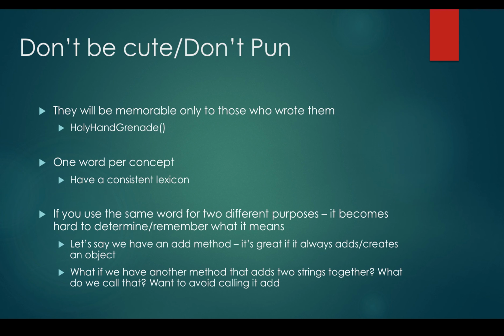Maybe that's not the purpose of what we're working on. Either way, it's going to add more time because we have to understand it. And so, if we have an add method, it's great that it always adds. But what if we have another method that adds two strings together? Do we call that add as well? We need to be consistent with how we're using those verb phrases and noun phrases as we're creating objects and methods within our code.